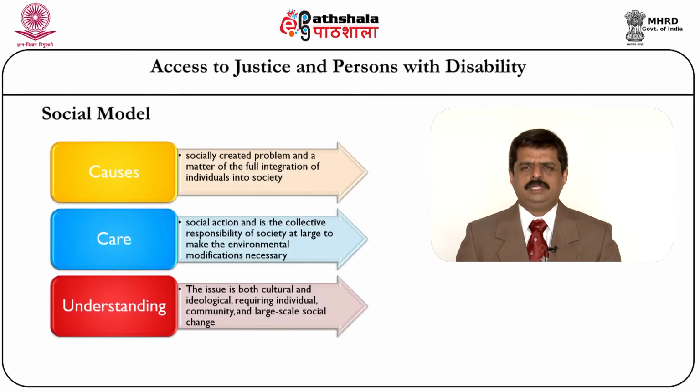According to this model, disability is a socially created problem and the matter can be resolved with full integration of the individual with the society. How to achieve this is through social action, collective responsibility and environmental modifications, so that the disabled person can move freely around in society.